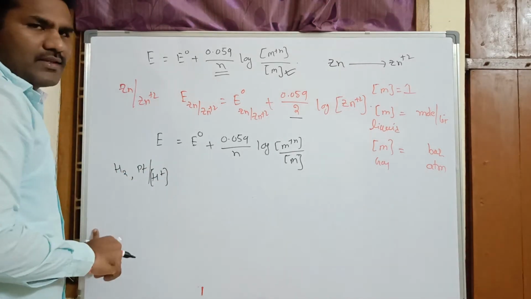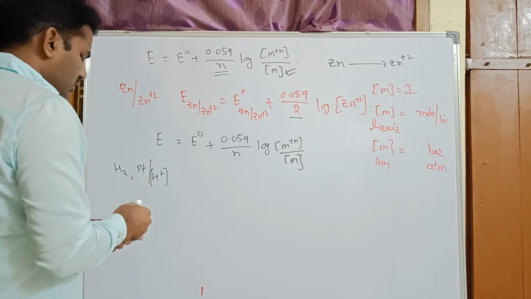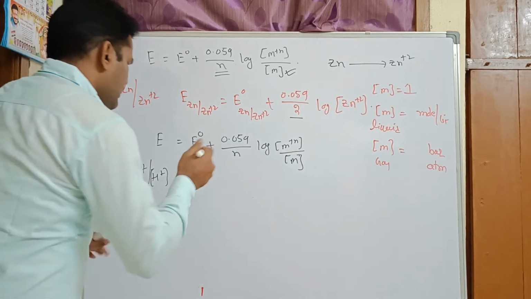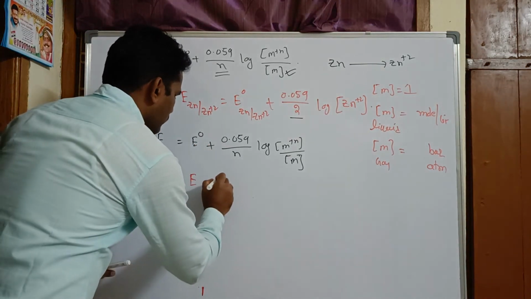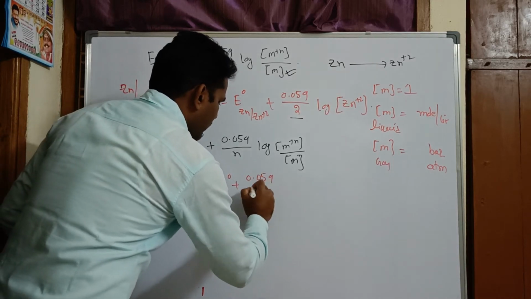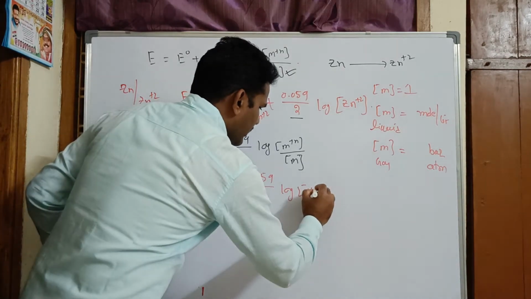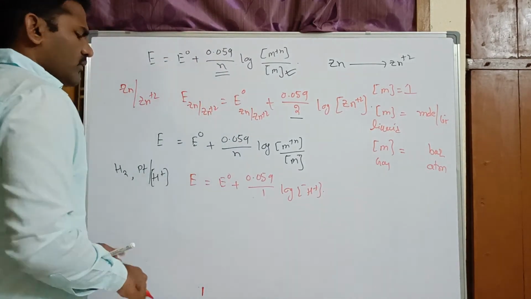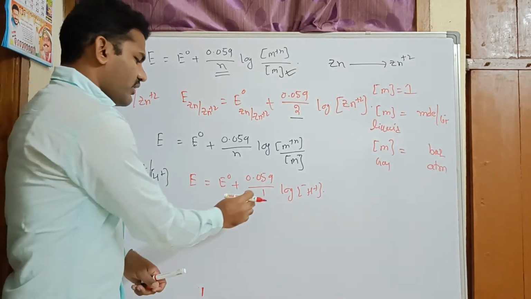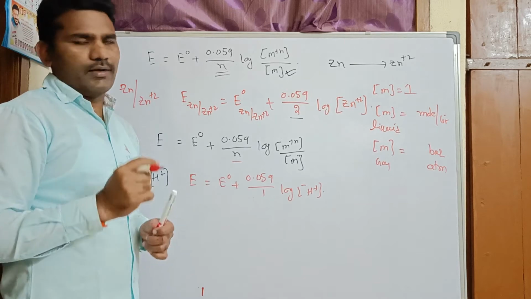Here in this process, only one electron transfer takes place. So the Nernst equation can be rewritten as E = E naught + (0.059/1) log of H+ concentration. Again, why have I written 1 here? Because only one electron transfer takes place.